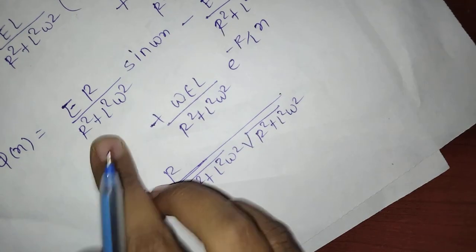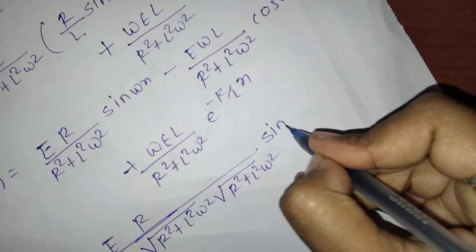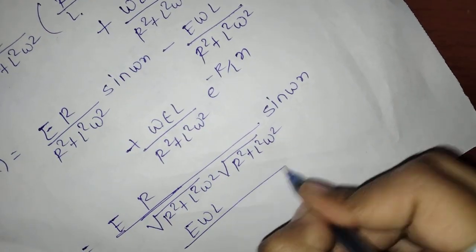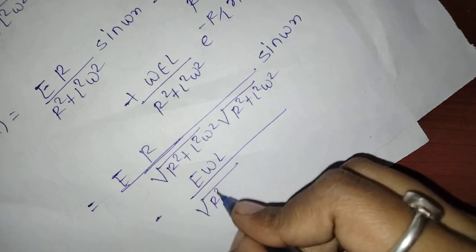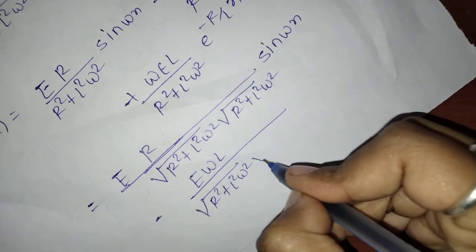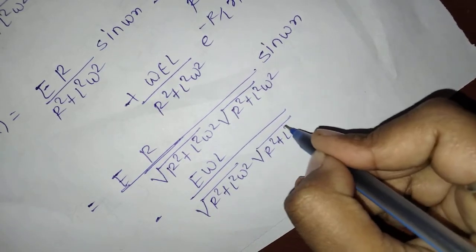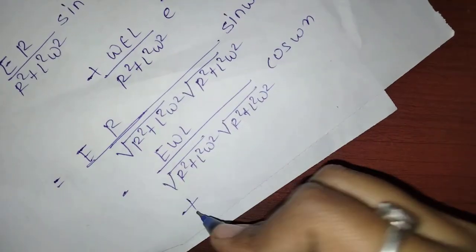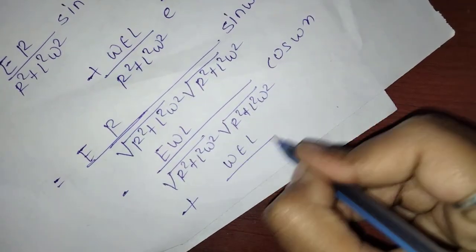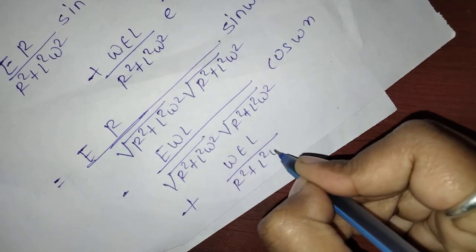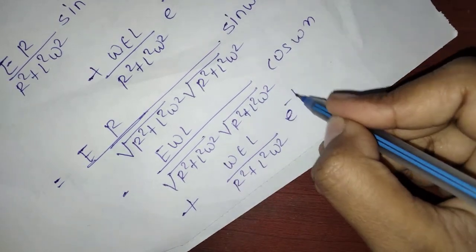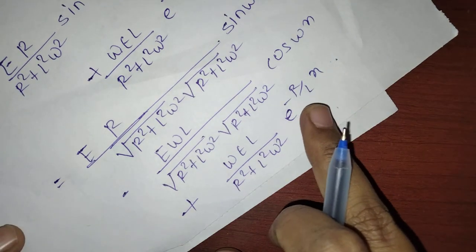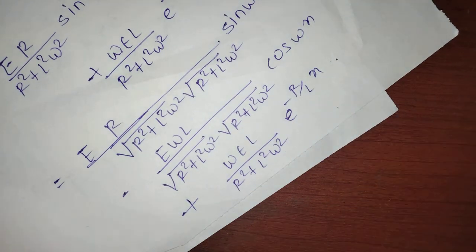This multiplication is equal to this: sin Wx minus EWL upon under root R square plus L square W square cos Wx plus WEL upon R square plus L square W square e raised to minus R upon L x.